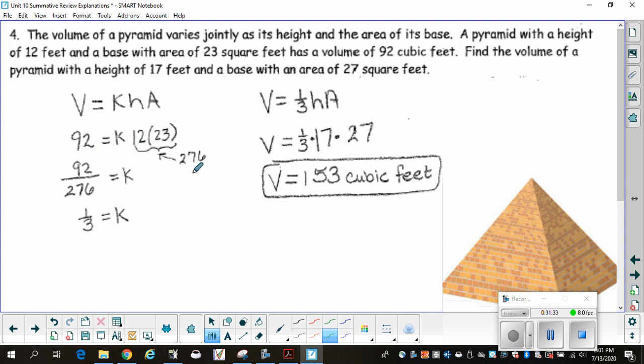Multiply these 2 together, you get 276. Divide both sides by 276, and K is equal to 1/3. You plug the 1/3 in, and this should look familiar from geometry: volume is equal to 1/3 H times A, where A is the area of the base. And you get 1/3 times 17 times 27, which is 153. That's the volume of the new pyramid.